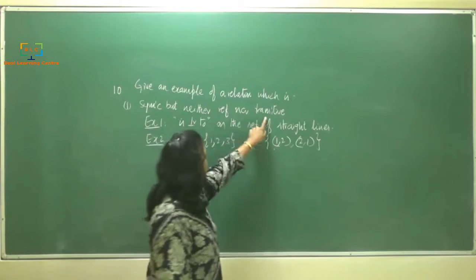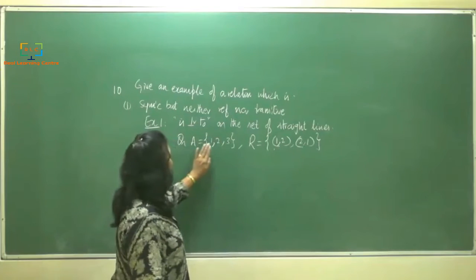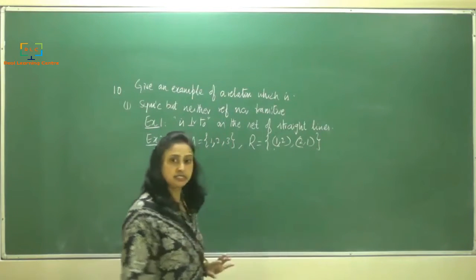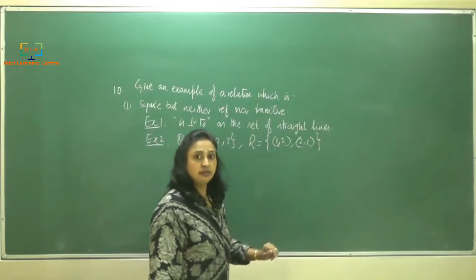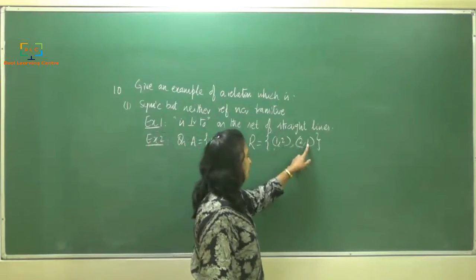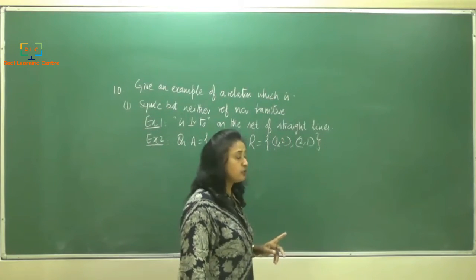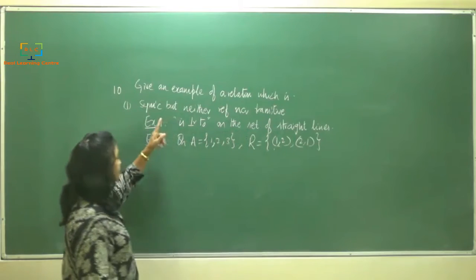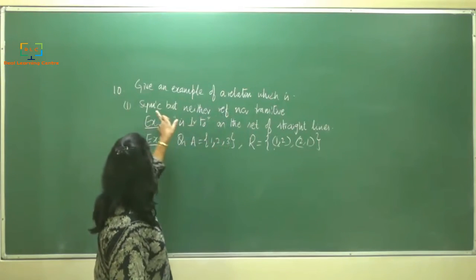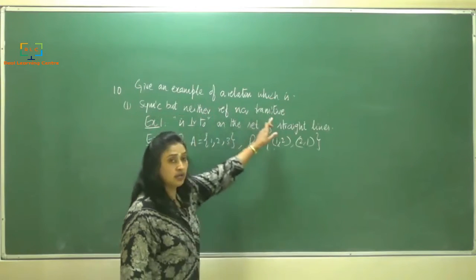If I write (1,2), (2,1), it is symmetric. And I don't have (1,1), (2,2), (3,3), any one of them. So it is not reflexive. And it is not transitive because I don't have (1,1). For (1,2), (2,1), I should have (1,1) for it to become transitive. It is not transitive. So this example is proper for being only symmetric, but neither reflexive nor transitive.